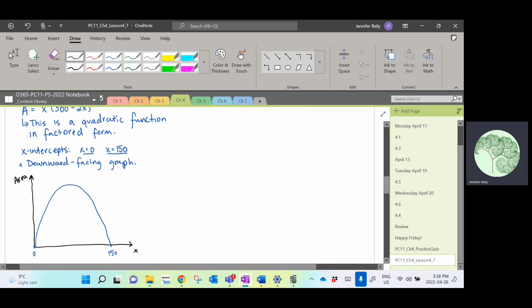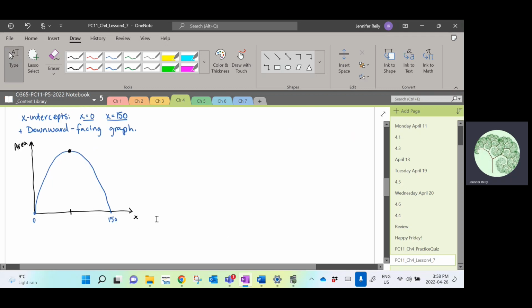Okay, so we're looking for what dimensions we should use to maximize the area, find the maximum possible area and what x value that would correspond with. It would actually be right in the middle here, and the vertex of the graph would represent the maximum area. So the vertex, remember, is halfway between the x values. So halfway between 0 and 150 is 75. You can add them up if you want and divide by 2.